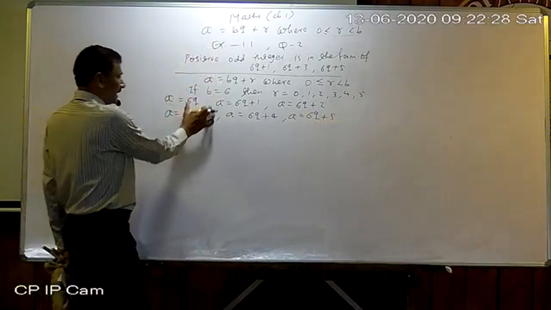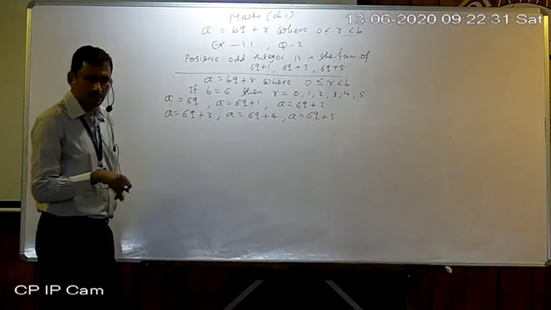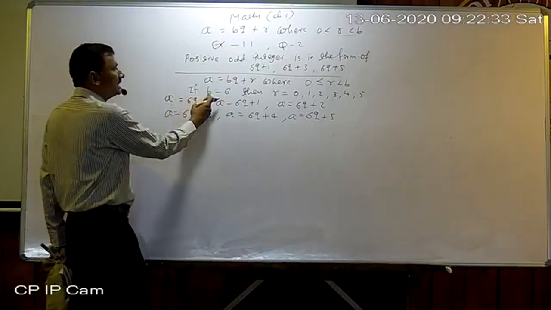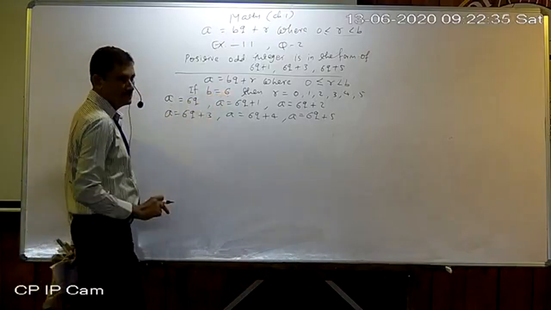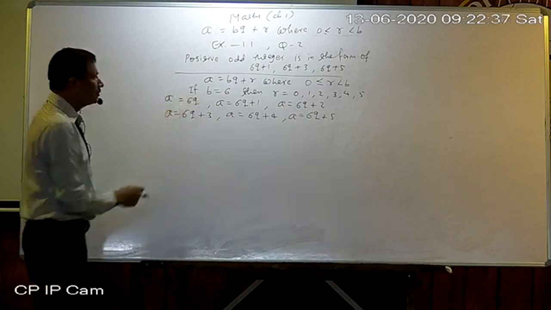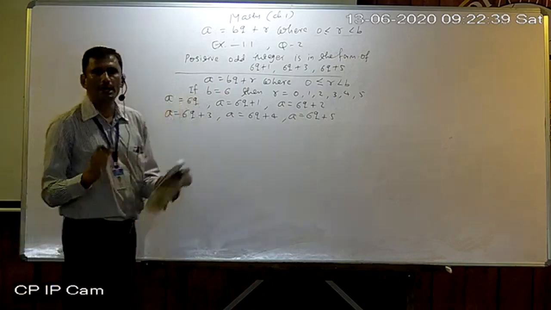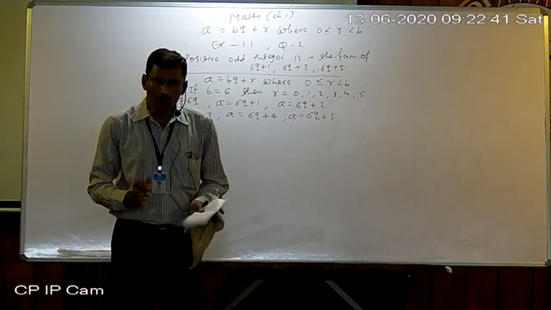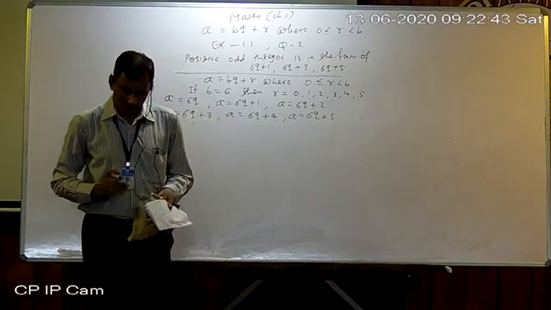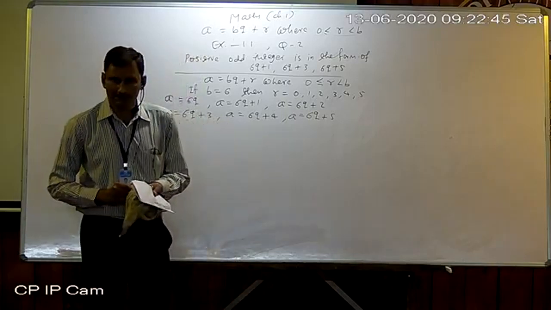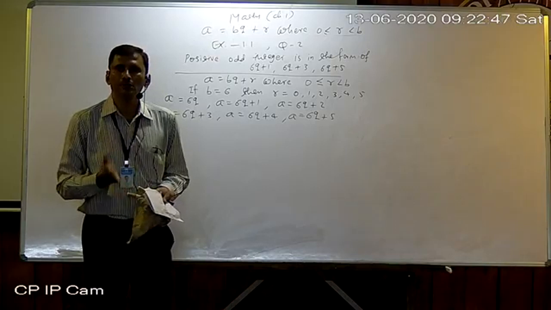These are expressions of the given integer according to the value of b. Now look, out of 6 how many are odd and how many are even? You know what is meant by odd and even. Multiple of 2, even. Not a multiple of 2, odd.